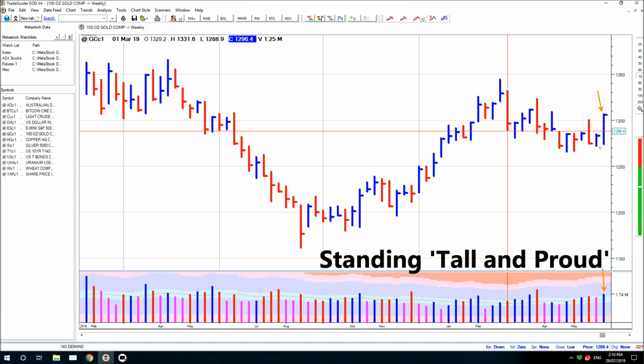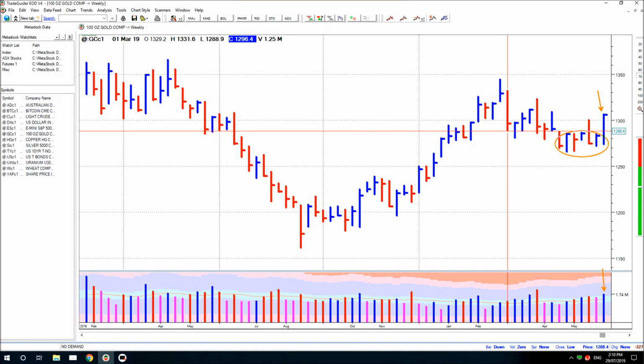This is the market saying, all right, we've absorbed the supply that's come in through here, and we're in charge. The buyers are in charge now. The way that bar's standing up straight like that says, right, we're back in charge. Game on.